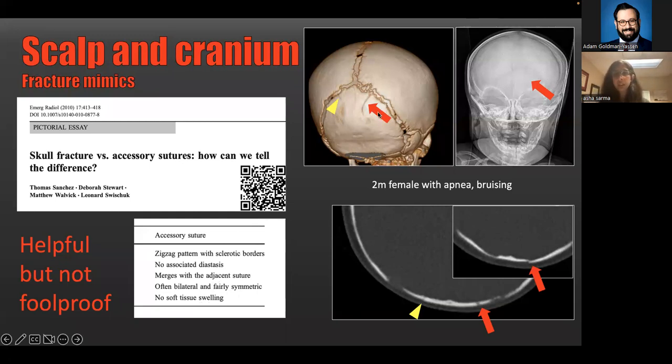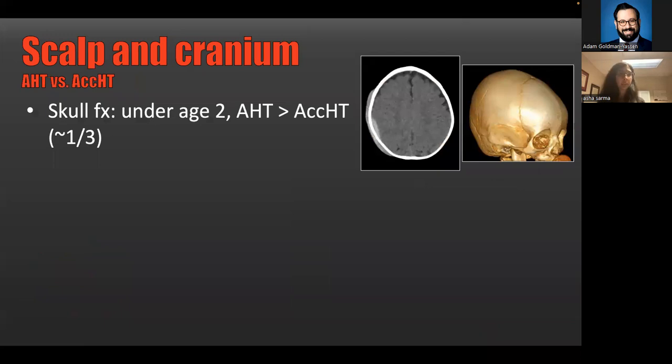This was an interesting case we saw where the patient has what we thought was an accessory suture here on the right, and there was something symmetrically opposite to that. You can see how that looked on the CT, with an overlapping appearance a little further down, and it looked so sharp. We favored that this represented a fracture, even though there was something somewhat similar looking on the other side. So in some cases, you either have to give a differential or express uncertainty because you can't always be sure.